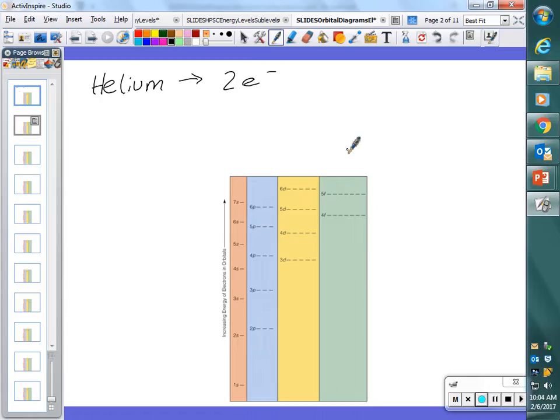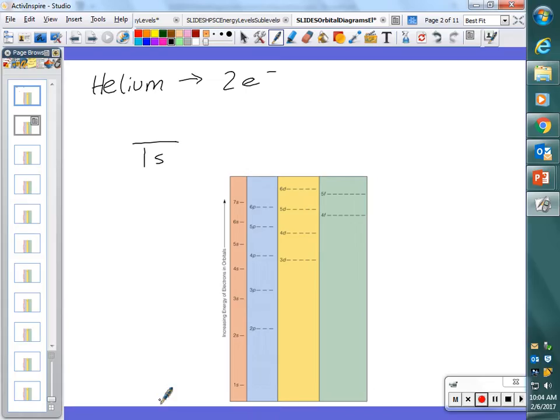Good. Okay? All right, so here's our chart showing the energy of the different orbitals. First orbital we run into is always the 1s orbital. So I'm going to draw a line like this, and I'm going to label it as 1s. Okay?